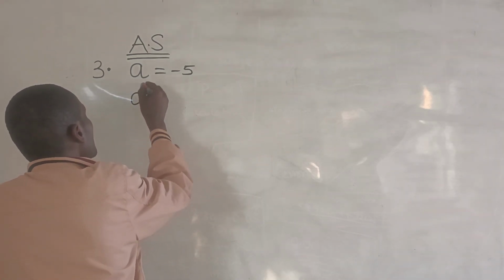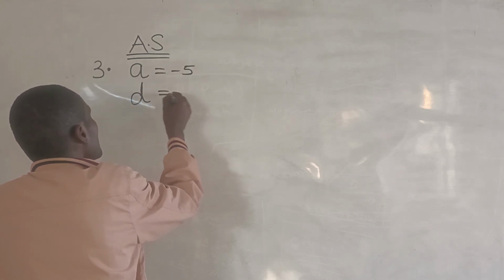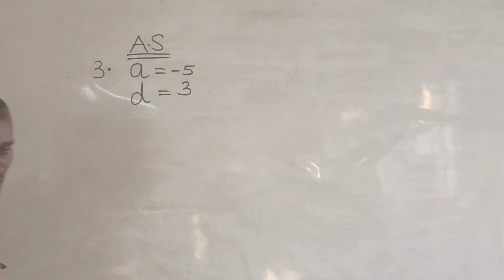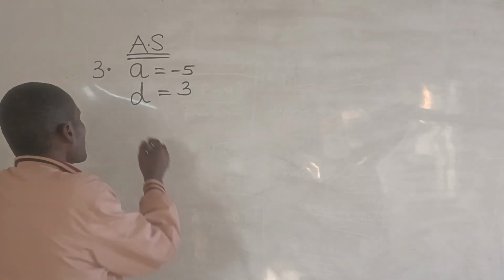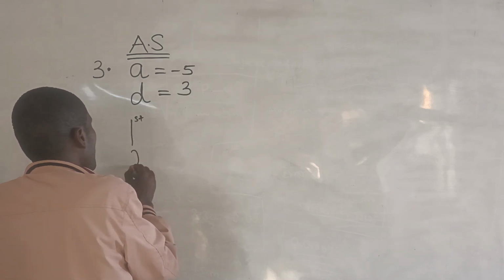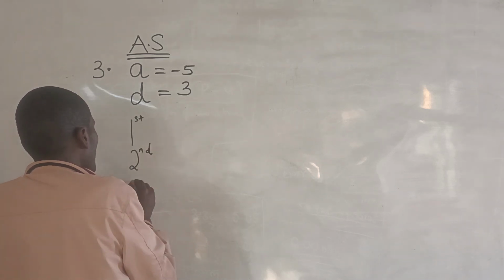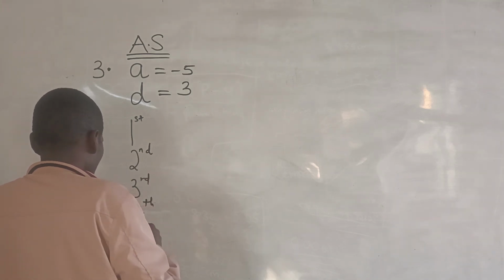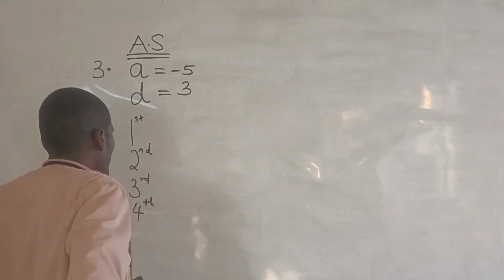So in this arithmetic sequence, a common difference is abbreviated using D. So our common difference is 3. And the question says, list the first 5 terms of the sequence. So the first term, the second, the third, the fourth, and of course you'll be able to go to the fifth.